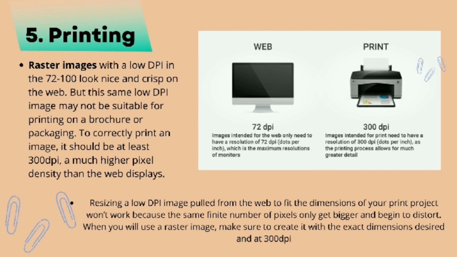If you have a 72 dpi JPG of your logo and it's 2 inches by 3 inches, it will need to be stretched to more than 3 times the size to get it to 300 dpi. That 72 dpi logo may look great on your computer monitor, but when it prints at 300 dpi, it will look pixelated. So you should use a vector version of your logo or create a raster with the exact dimensions desired and at 300 dpi.